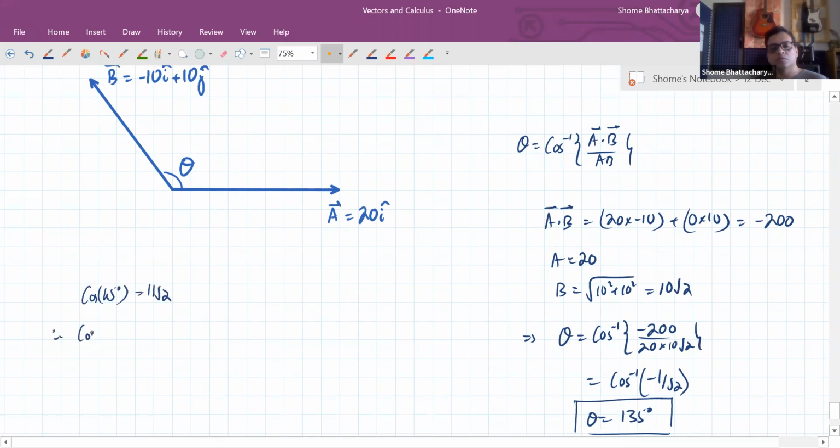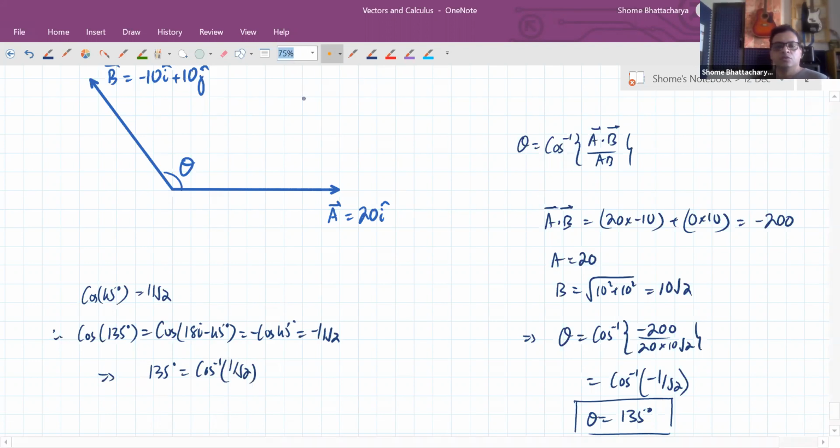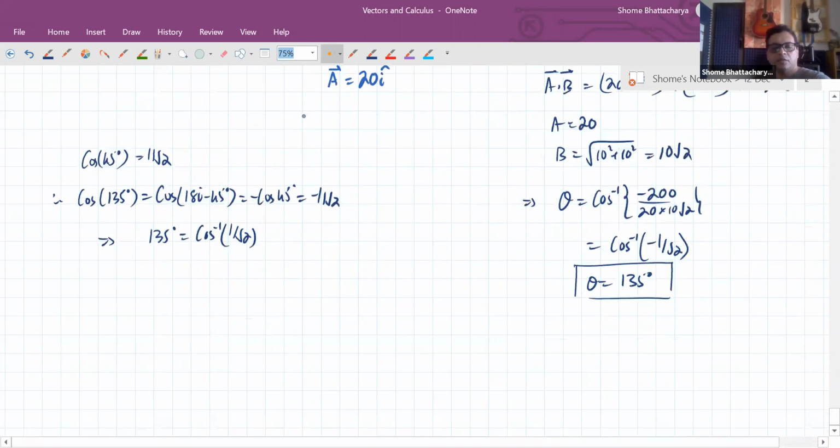Therefore, cos 135 degrees is cos of 180 minus 45, minus cos 45. So that is minus 1 by root 2. That's how I know that 135 degrees is the cos inverse of minus 1 by root 2. So I know this. Okay. So we are making use of that and we are getting the angle.